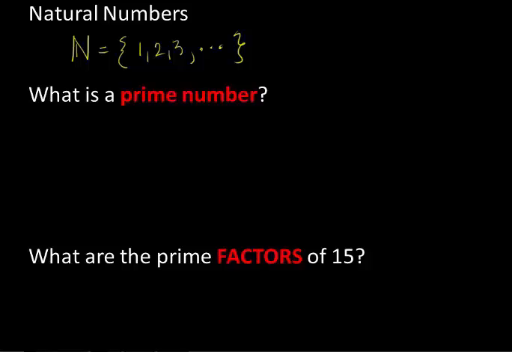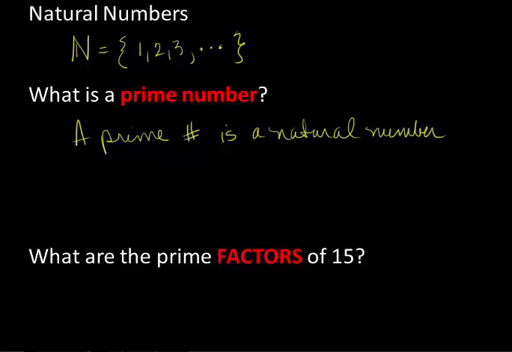What is a prime number? Well, we'll define very carefully a prime number, and you should know all parts of the definition. So a prime number is a natural number greater than 1. 1 is not a prime number.